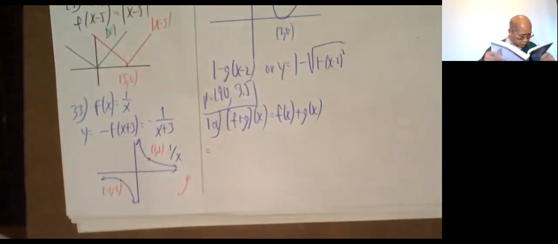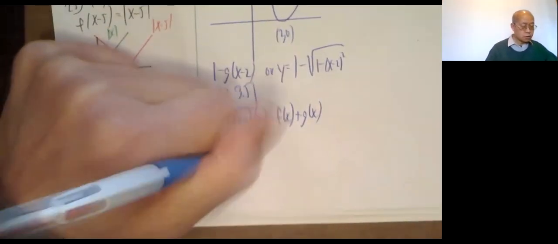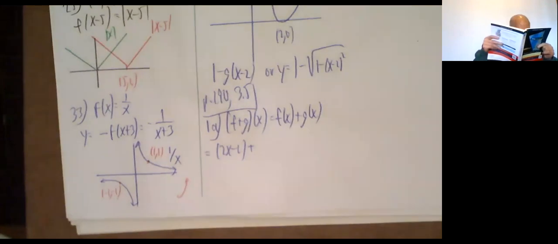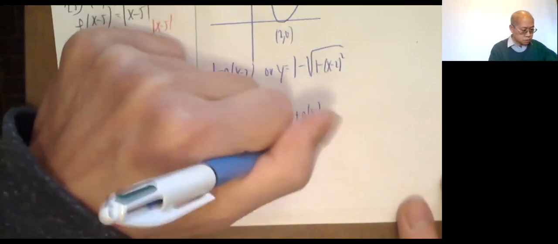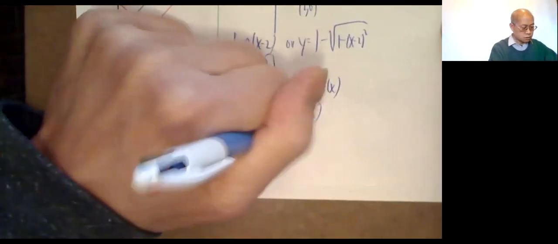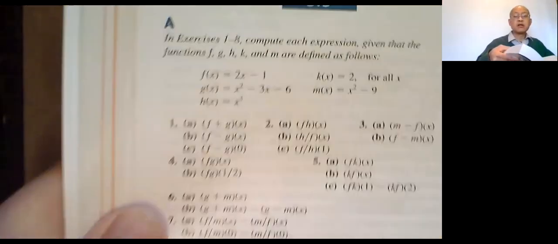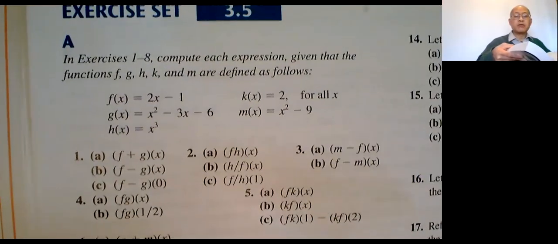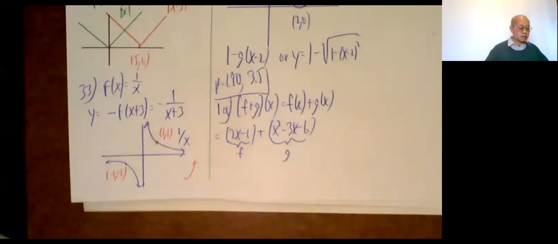Okay, so what was F of X? 2x minus 1. G of X is x squared minus 3x minus 6. So this was F, this was G. Copy it, right? F, 2x minus 1. G is x squared minus 3x minus 6.